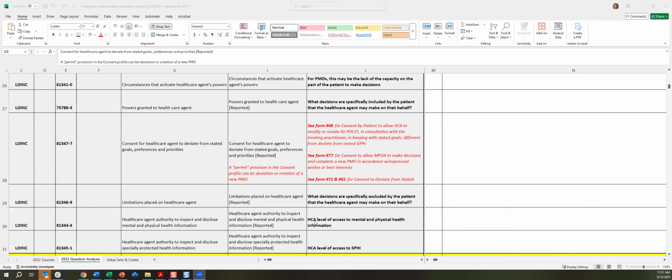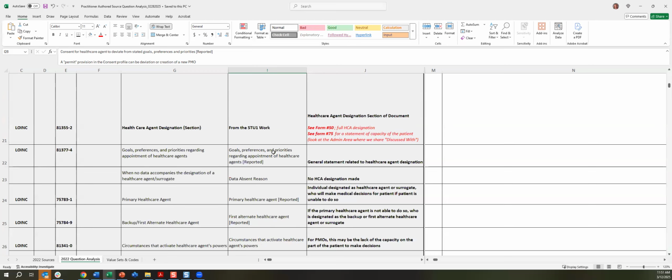Thank you. So I wanted to go back to the environmental scan. We have been wrestling some of these trickier concepts to the ground. There are a couple that I wanted to bring to your attention. There are a couple of outlier forms that actually capture a healthcare agent designation.